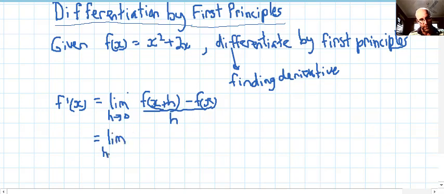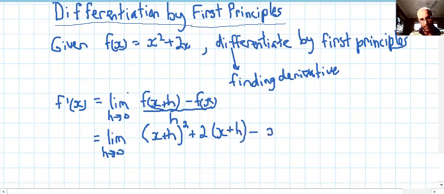So it's the limit as h approaches 0. Alright, so the points will be x plus h. You may need to do this separately if you're struggling with this, but this is the same as everything we've been doing previously. And I'm just subbing in the points as per previous. So if you've been watching all the videos, this should be dead familiar.